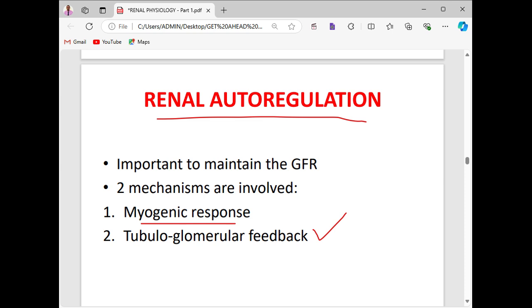Okay, so we have adenosine. Adenosine lowers glomerular filtration rate by constricting afferent arterioles, and on the other hand, renin increases glomerular filtration rate.